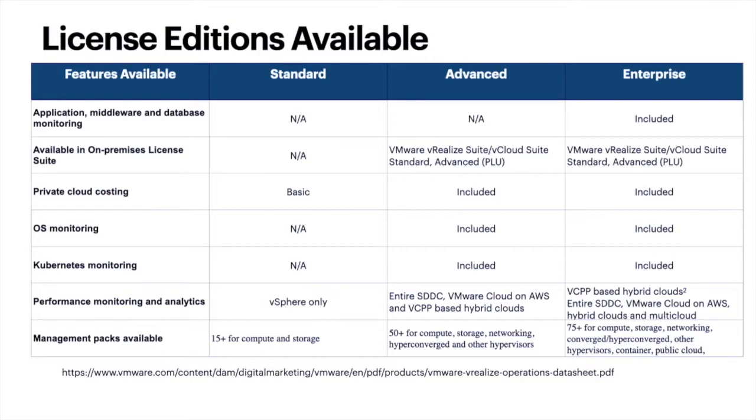Compute, storage, networking, hyperconverged and other hypervisors come as part of Advanced. Enterprise edition comes with 75 plus: compute, storage, networking, converged, other hypervisors, containers and public cloud.